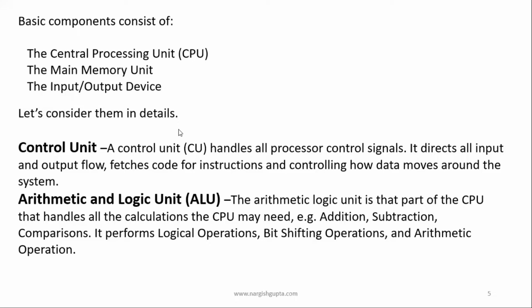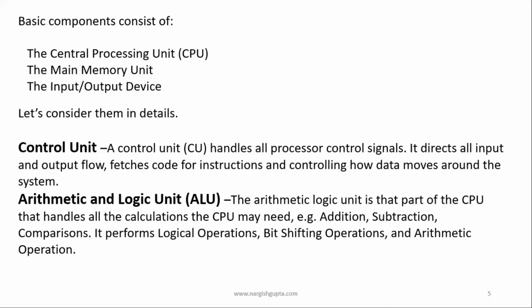So let us now discuss the basic components of the computer system. The first one is the central processing unit, which is also known as the brain of the computer system. Next is main memory and then input output devices. We will discuss them one by one.